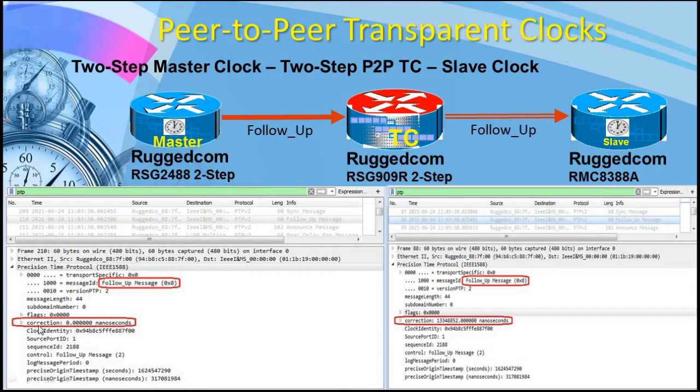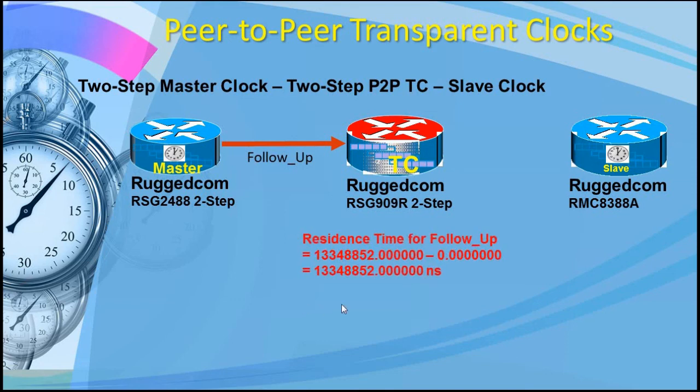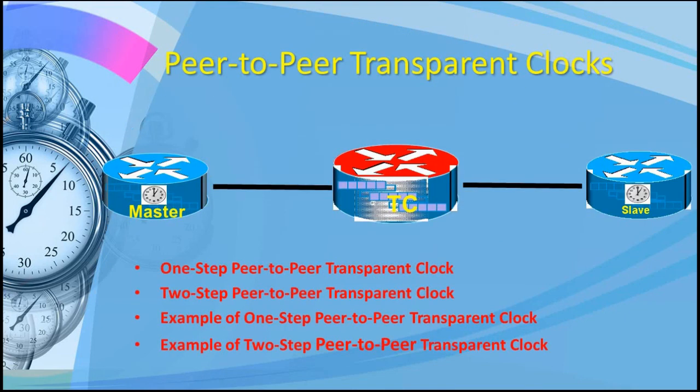We can compare the correction field modified by the transparent clock. The follow-up message is received on the ingress port, the residence time is calculated, the correction field is modified, and then it is sent out by the two-step peer-to-peer transparent clock.